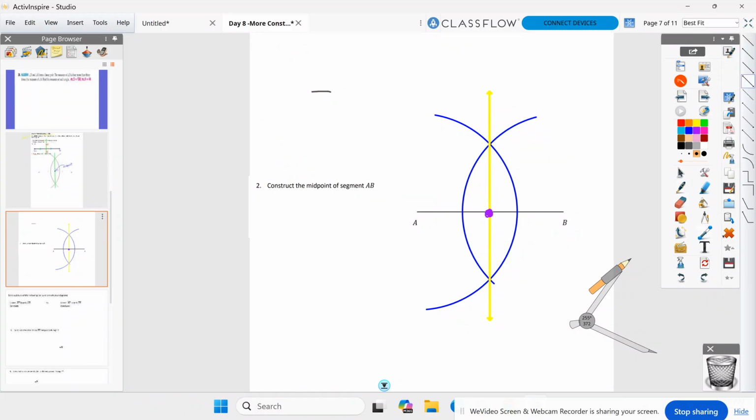And if you want to make a little arrow pointing to it saying, hey, here's the midpoint, you can.